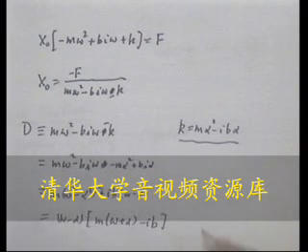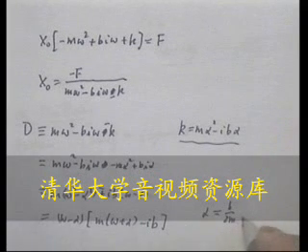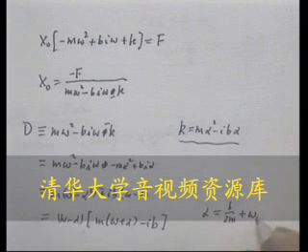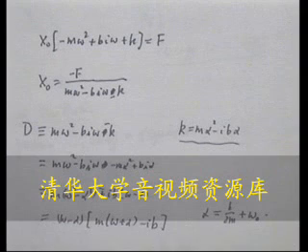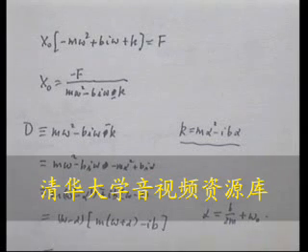But alpha, by definition, is equal to b over 2m, the damping factor, plus omega 0. So I substitute that in there.